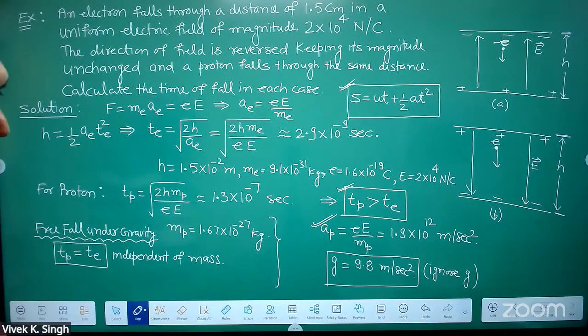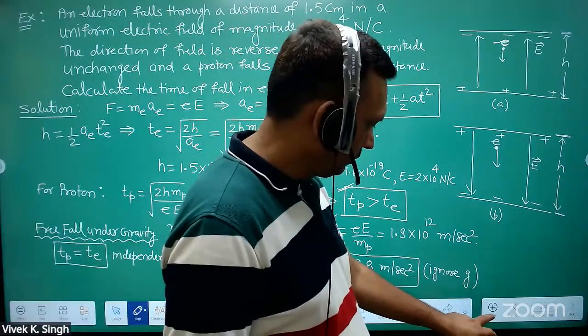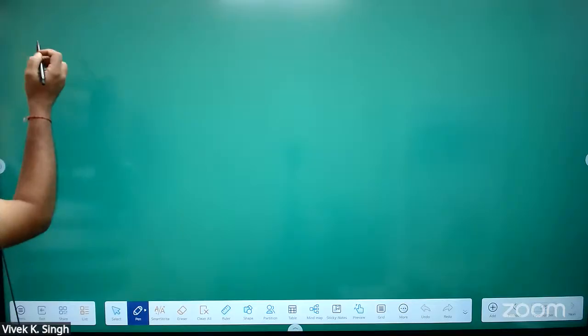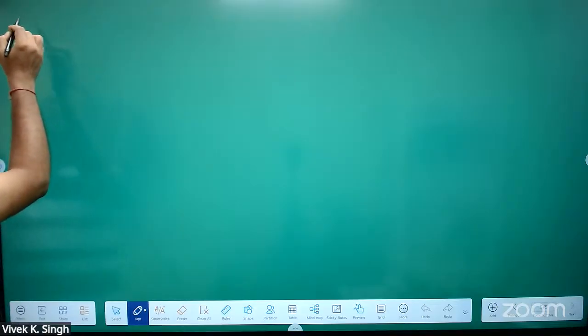Now take another example. Now we will see a particular case where we have to find the electric field.